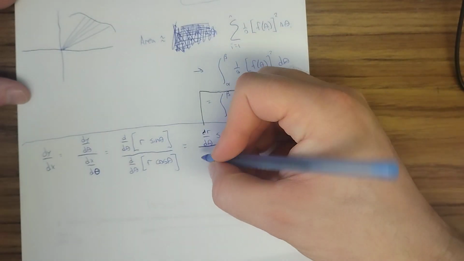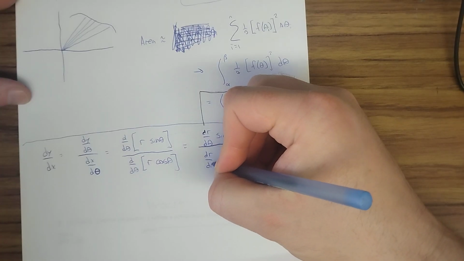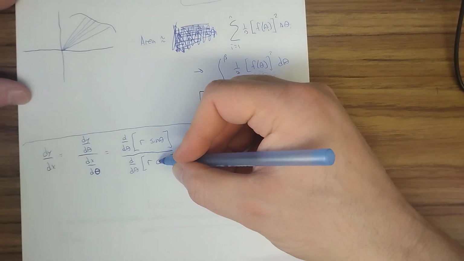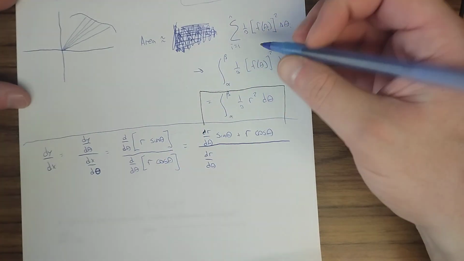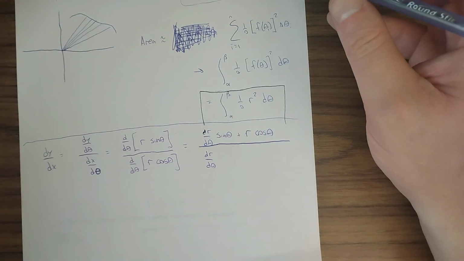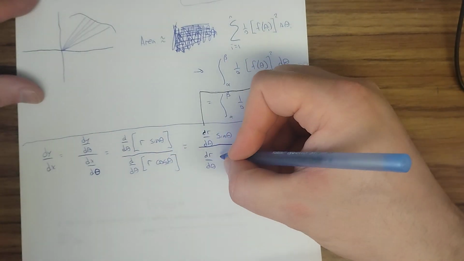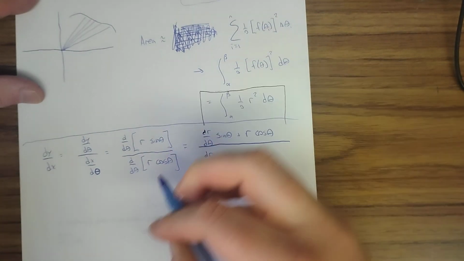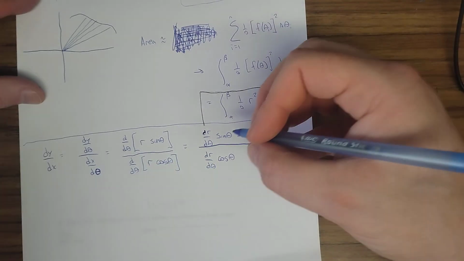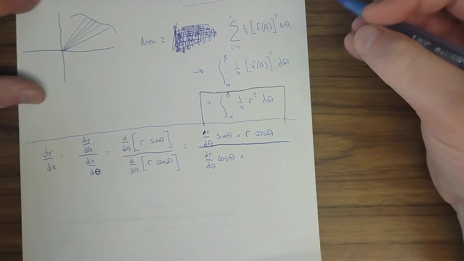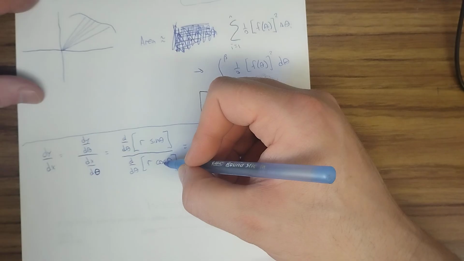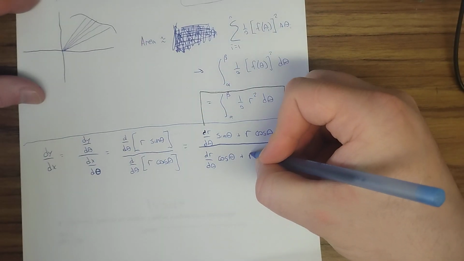So I do the derivative of r, and then the derivative of this is negative sine, or wait, sorry. I leave this alone. I do the derivative of this and then leave this alone. Yes, okay. Plus, now I'll do this.